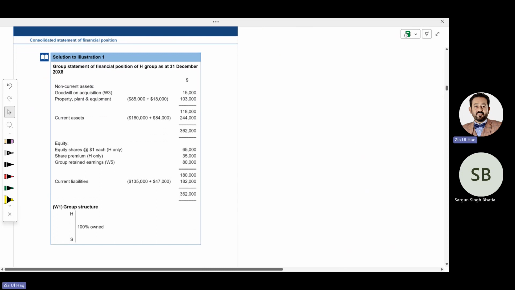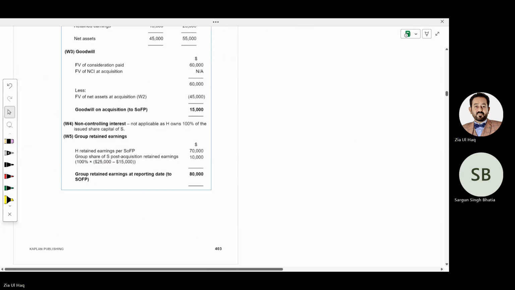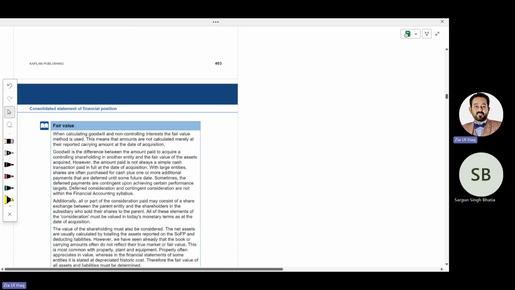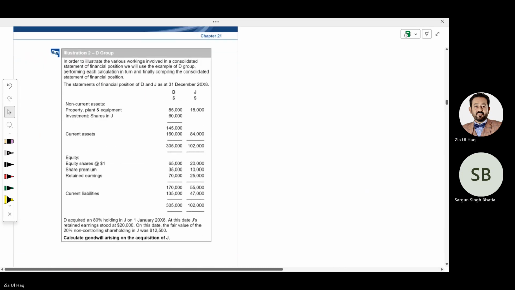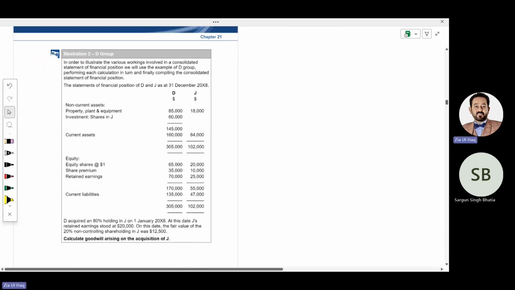Now moving towards illustration 2. So the statement of financial position of D and J. D is a holding company, the parent company, J is its subsidiary. Property, plant and equipment, we will simply add them.